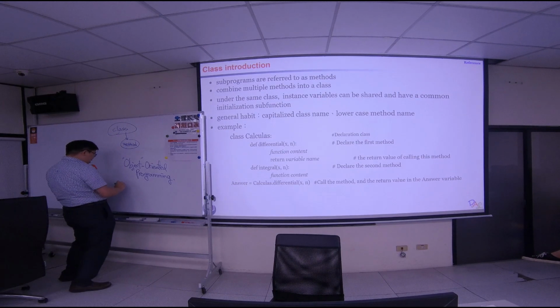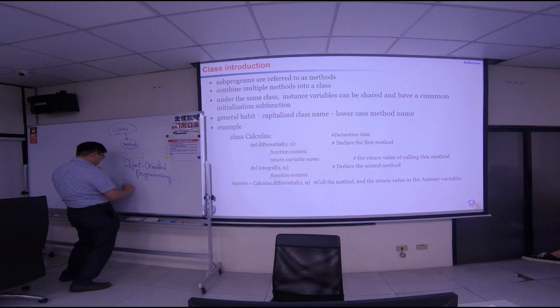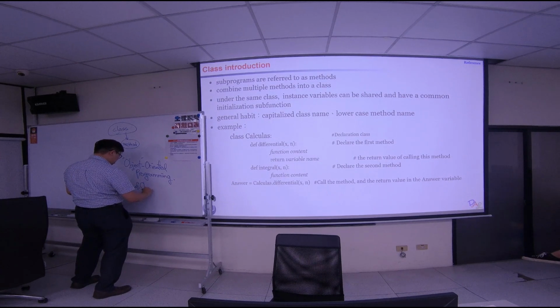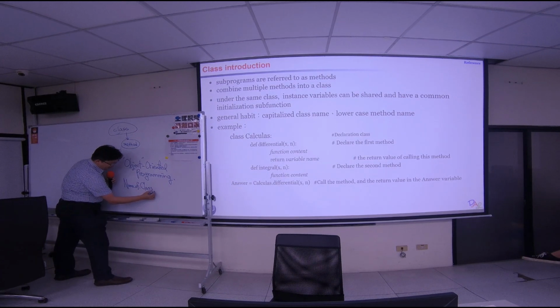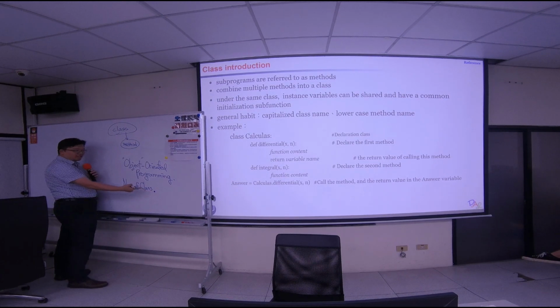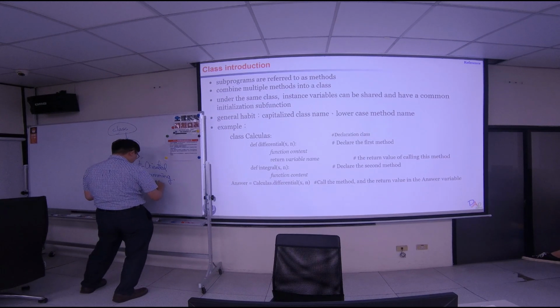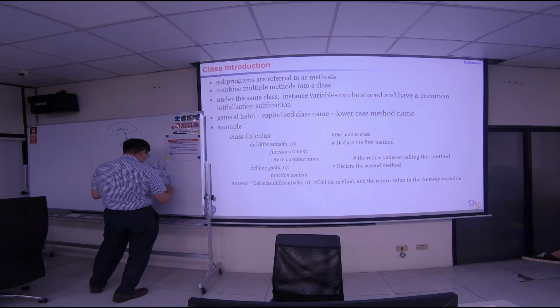You can use the name of the class, and over here you have a dot. You put a dot right there, and then following the dot, you give the name of the method.